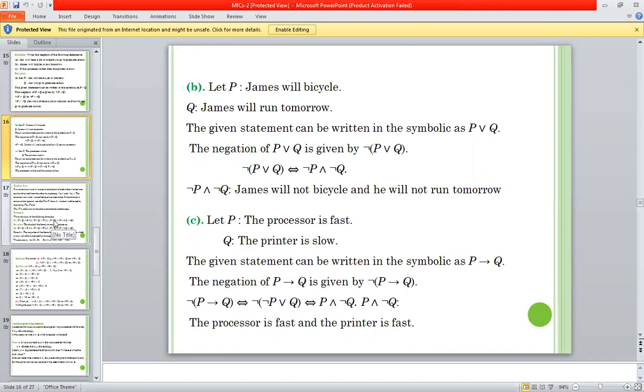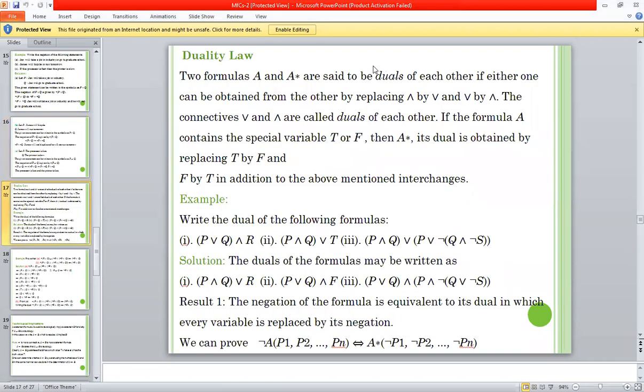Next one: duality law. Next definition, duality law. Two formulas A and A star are said to be duals of each other if either one can be obtained from the other by replacing "and" by "or" and "or" by "and".